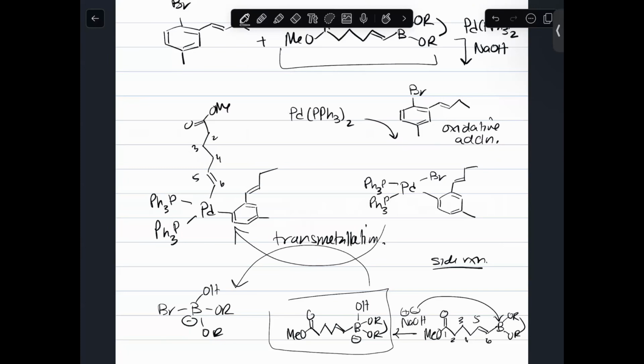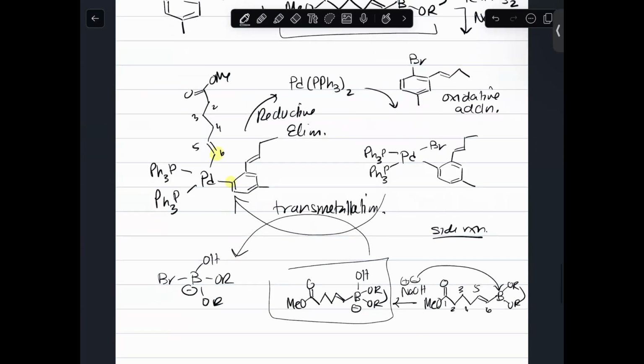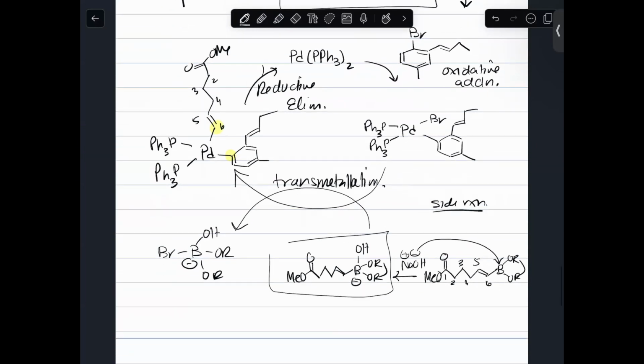And now it can go ahead and do the reductive elimination. Again, notice how the reductive elimination occurs between the two carbons that are bonded to the palladium, right? That's where the bonding is going to occur. Once I do the reductive elimination, I regenerate my catalyst and I generate my product.